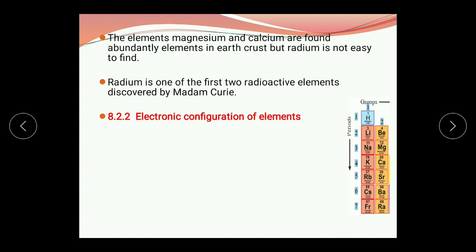Now, next we are going to see the electronic configuration of elements of group 1 and group 2. Now you know how to write electronic configuration because the lesson on structure of atom has been taken by the other madam. If you don't understand, go through that lesson again.